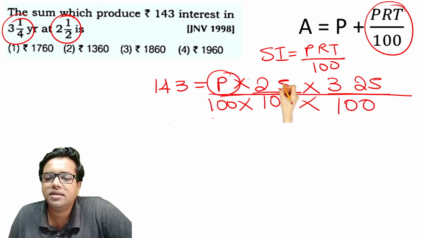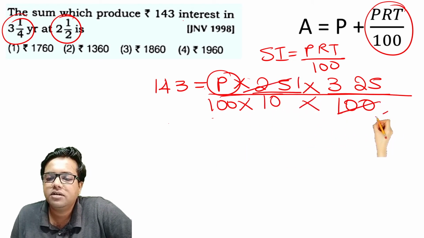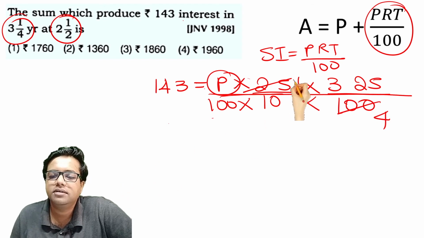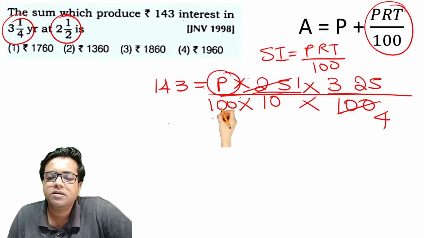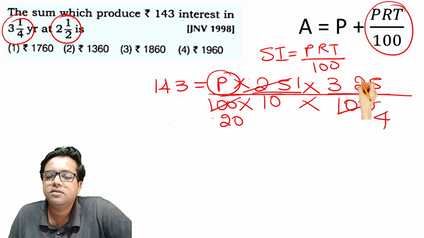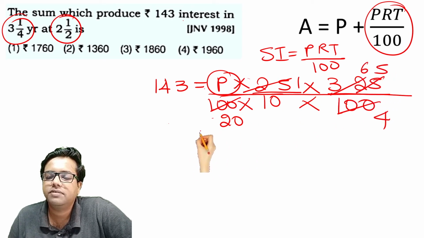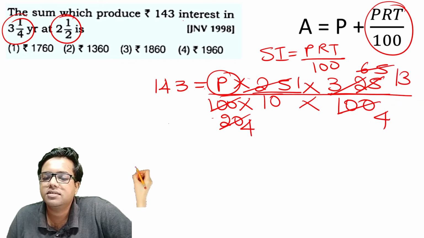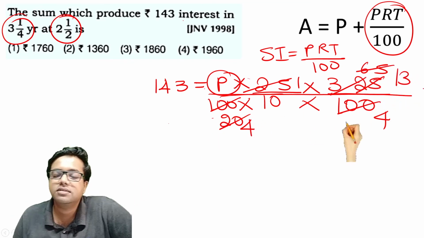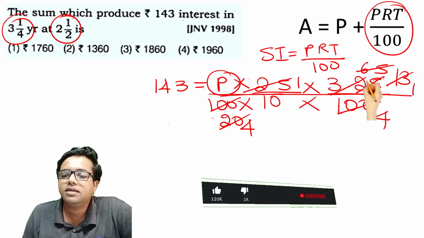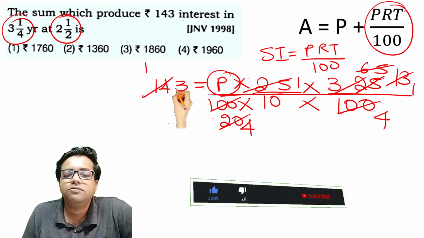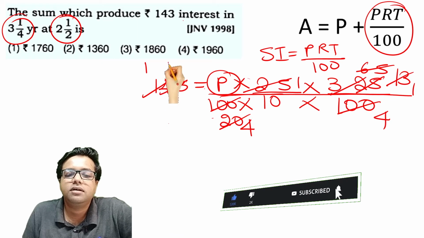Just start cancelling out. 25 ones are 25, 25 fours are 100, 5 20s is 100, 5 6s are 30, 5 5s are 25, 5 4s are 20, 5 13s is 65. So now 13 ones are 13, 14 minus 13 will leave you with 1, 13 ones are 13.